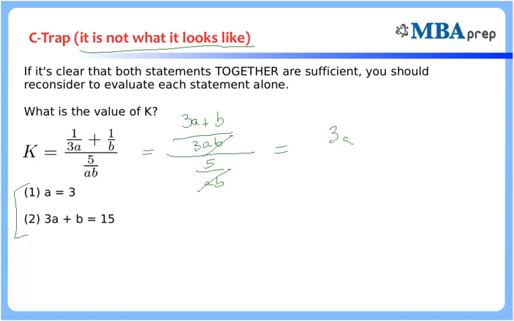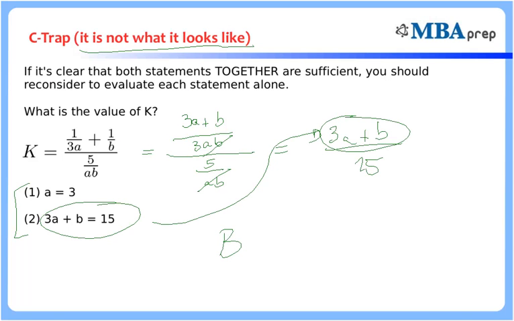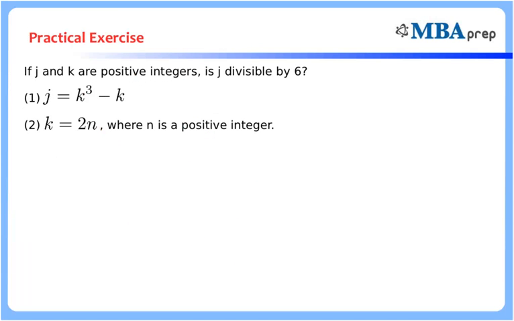This is cut out, so it's 3A plus B divided by 16. Only the second statement is sufficient. So this is letter B.